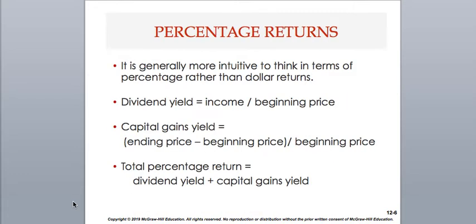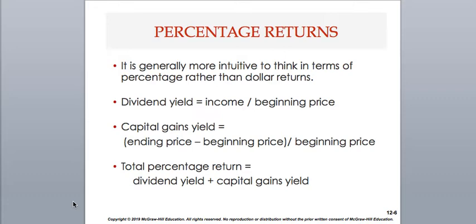Let's look at percentage returns. It's usually better and easier to understand when you look at percentage returns. So you see here, it is generally more intuitive to look at percentage returns rather than dollar returns.